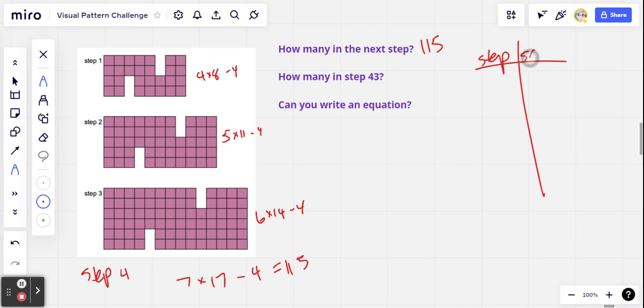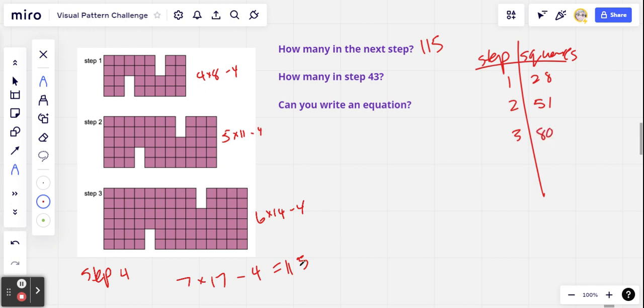So we'll look at the step number and the number of squares. So in step 1, that's 4 by 8 minus 4, 32, 28. Okay. In step 2, 5 times 11 is 55, minus 4 would be 51. And in step 3, let's see, 6 times 14, that's 84, minus 4 is 80.